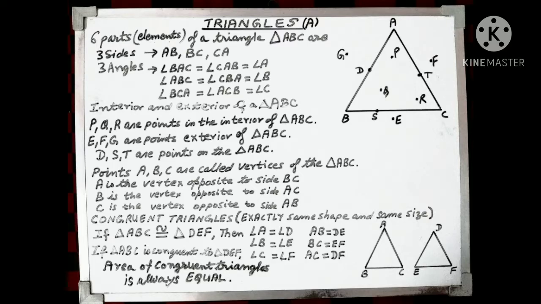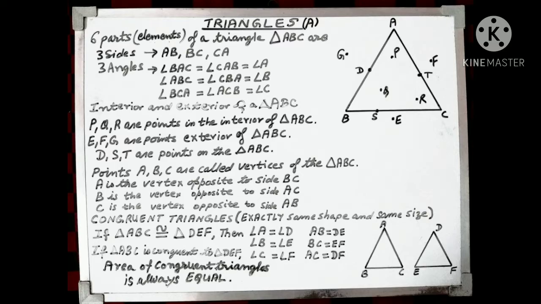Any triangle has 6 parts, known as the 6 elements of a triangle. For triangle ABC, the 6 parts are the 3 sides and the 3 angles.